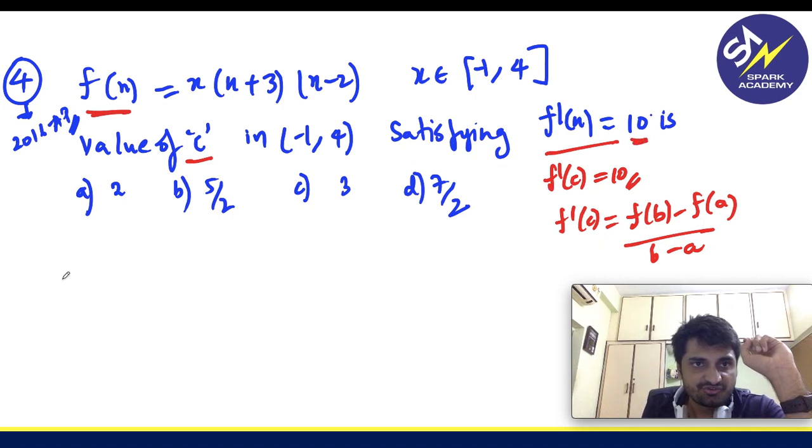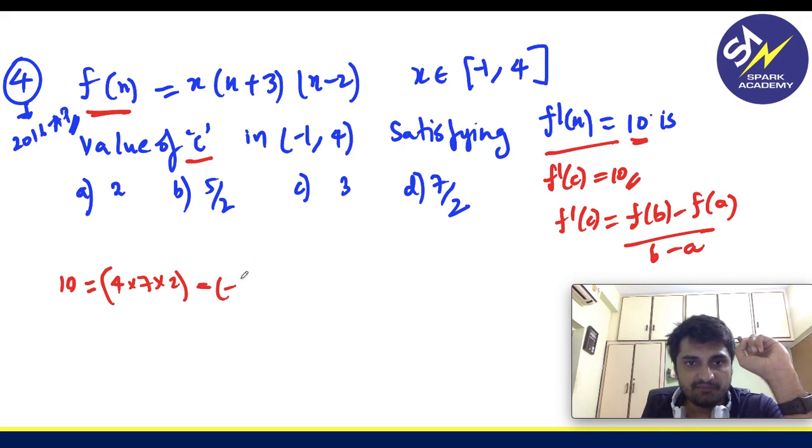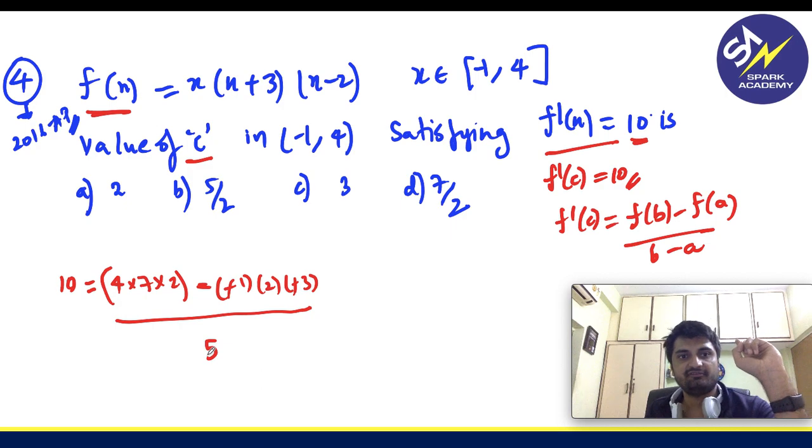Very good. So I can say 10 equals f of b, that is f of 4. I'll put a bracket. 4 into 4 plus 3 is 7, into 4 minus 2 is 2, minus 1 into 2 into minus 3, whole divided by b minus a. 4 plus 1 is nothing but 5 basically.